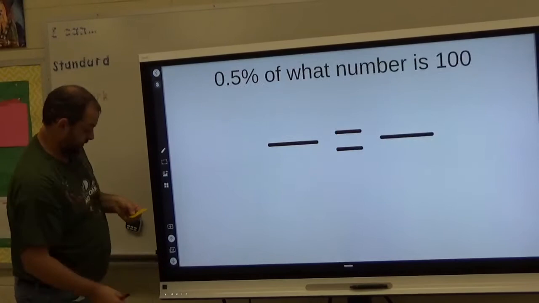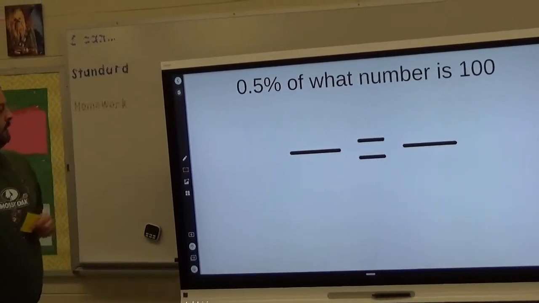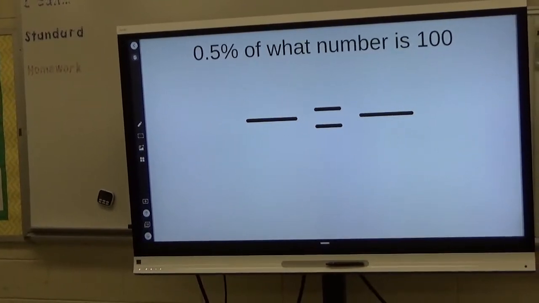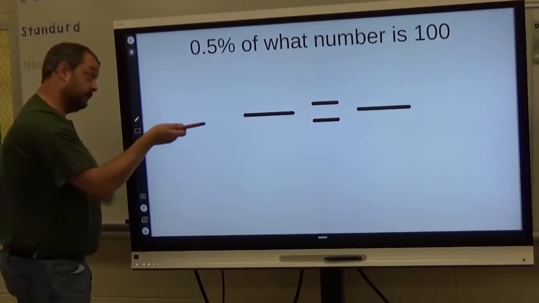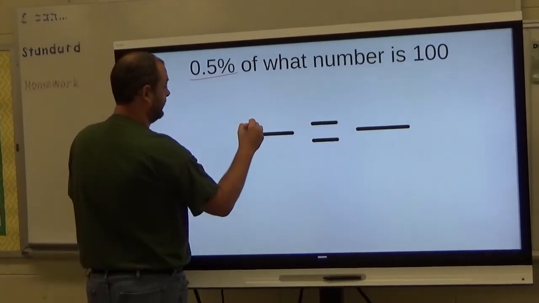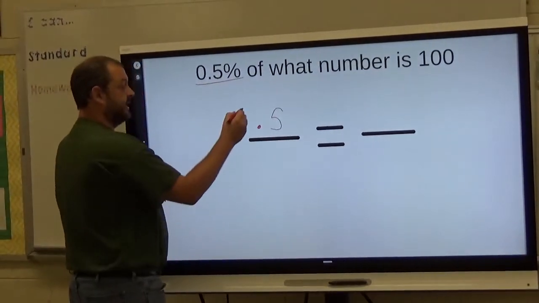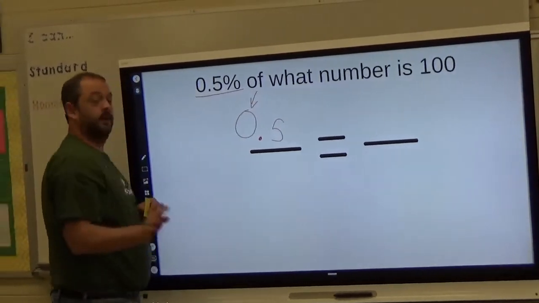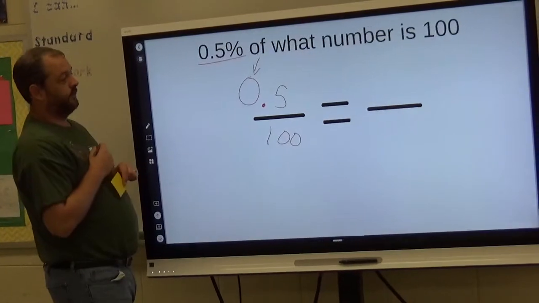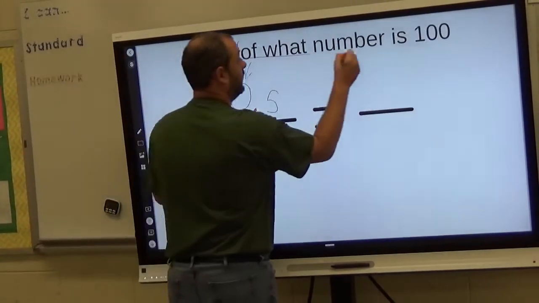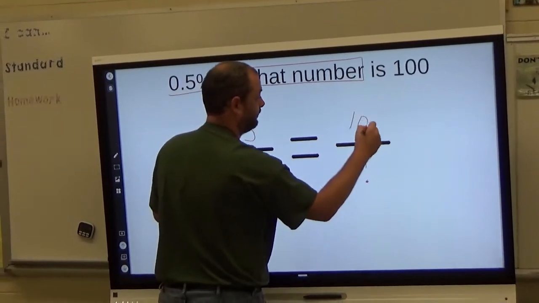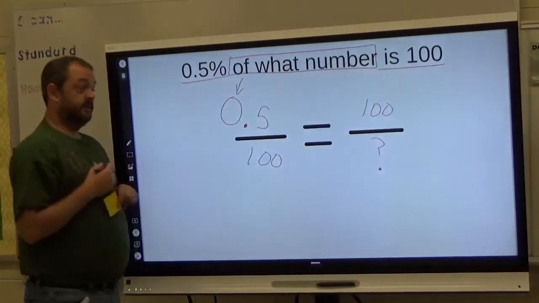Next problem. Ooh. Pause now, set it up, and come back. Ready? Pause. Okay. 0.5. If you want to put the 0 in front of it, go ahead, you can. But as always, the 100 always goes bottom left. Of what we don't know is 10.